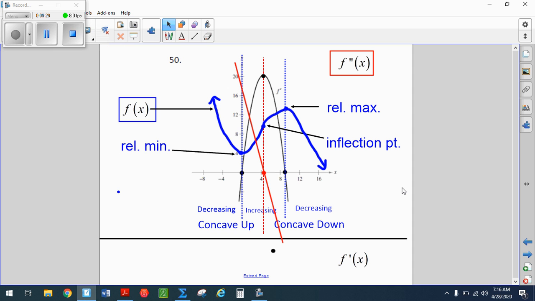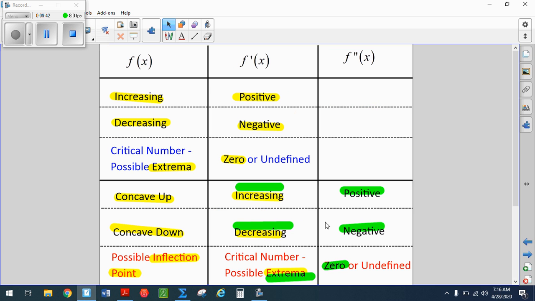And so it could look something like that. Again, we don't know the slope of the second derivative graph, but I know that it's decreasing the entire time, and I know that it's positive and then negative, because the derivative graph was increasing at first and then decreasing. So the second derivative switching between positive to negative.